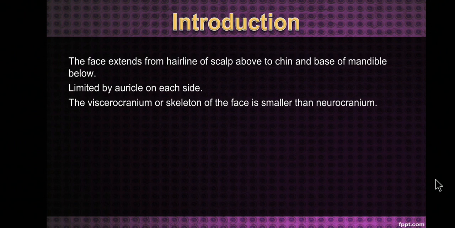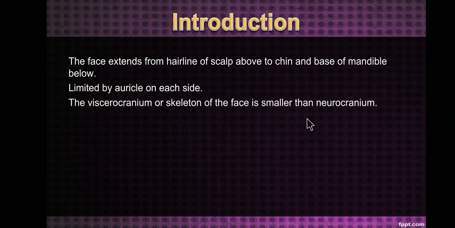Now, if you look at the head as a whole, it has got a viscerocranium and the neurocranium. So, neurocranium is the skull which actually lodges the brain, which is large compared to the viscerocranium. So, viscerocranium in humans is smaller, whereas the neurocranium is larger.